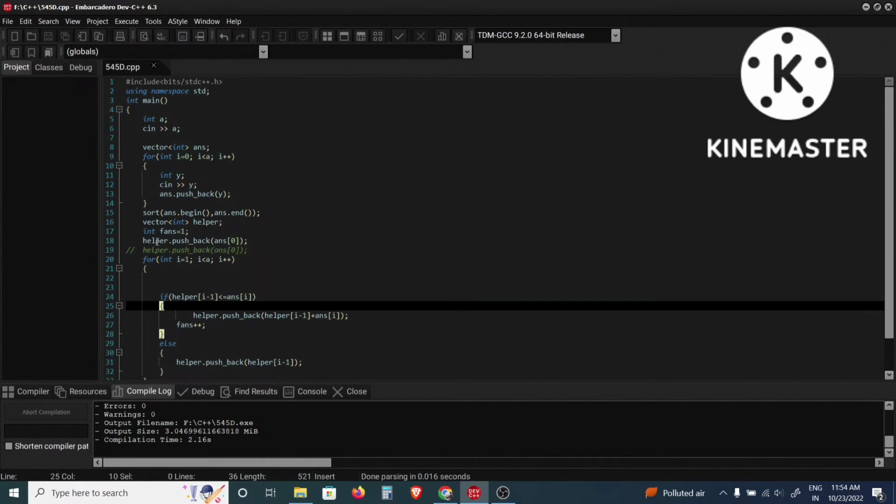Now you take another vector, helper, so that you can store the waiting time for each person. For the second person I have to compare with the waiting time of the first person. So here I stored at index 0 the waiting time of the first person.